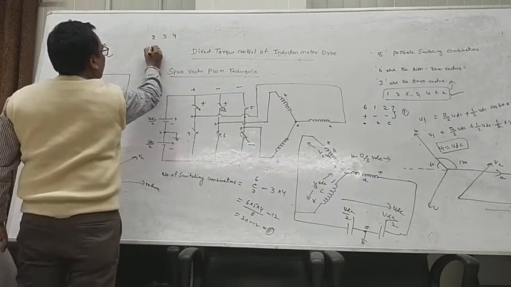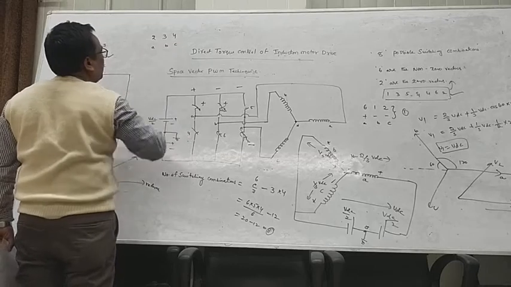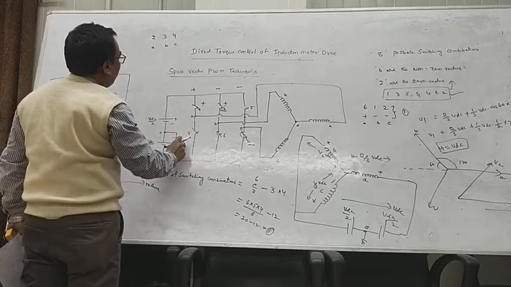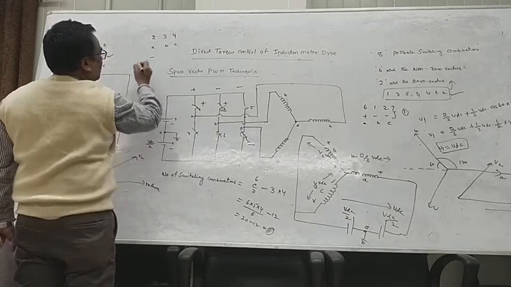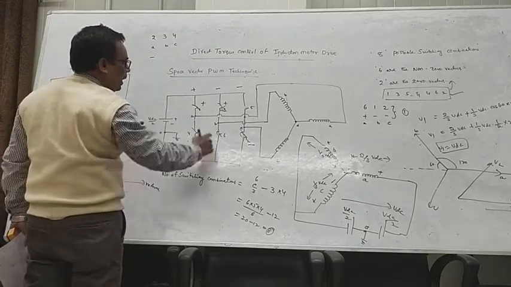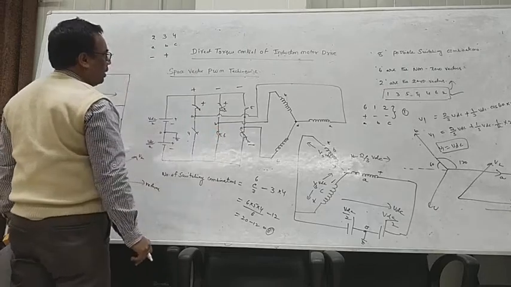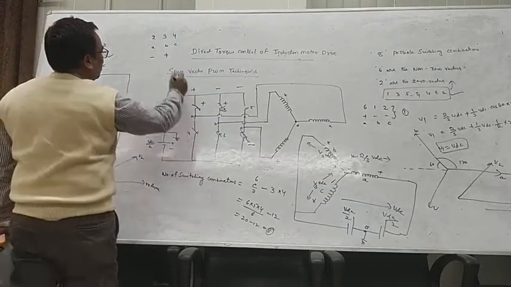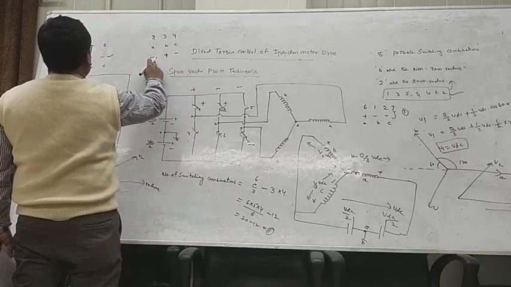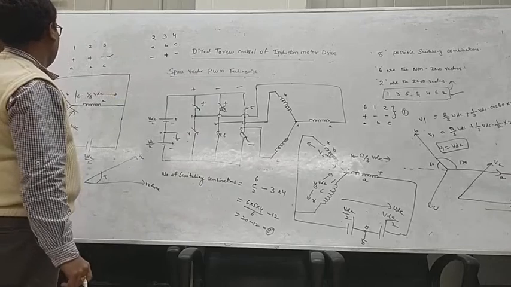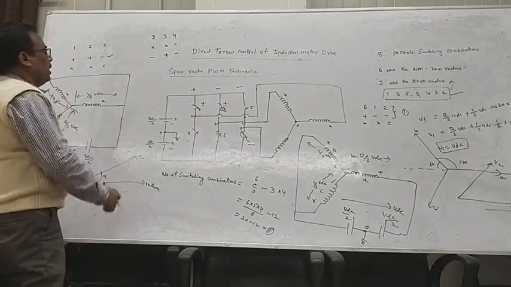So A phase, B phase, and C phase: A phase is now 4, in the sense bottom, so it is minus. 3 is positive, and 2 is also in the bottom, so minus. So plus, minus, plus, minus, minus, plus, minus. So again, there is another possible combination.